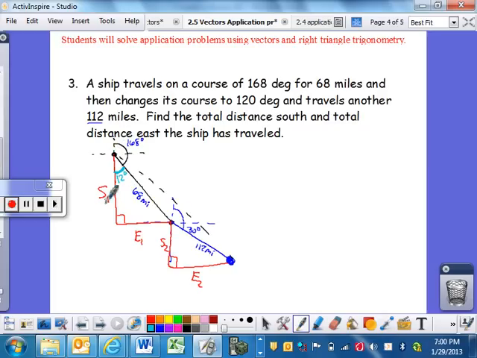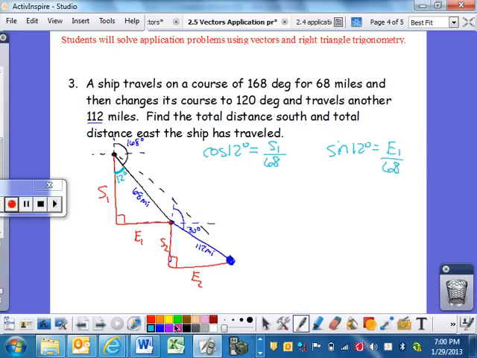So to find south, that's my cosine with my hypotenuse. So the adjacent over hypotenuse, so I'm going to say cosine of 12 degrees equals south 1 over 68. And then also to find the east, I would say sine of 12 degrees is equal to east 1 over 68.